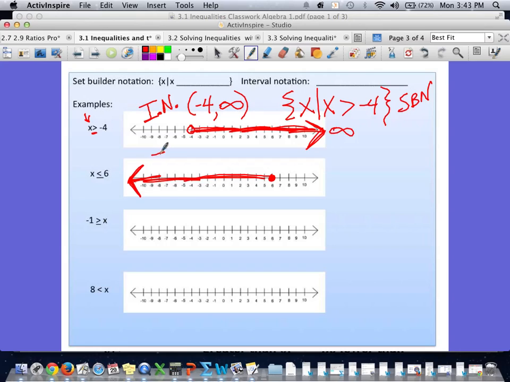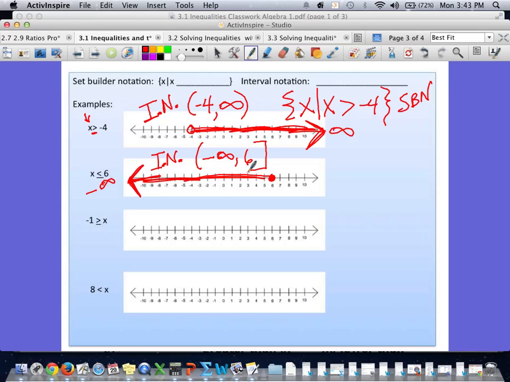If we're doing our interval notation, okay, this is going towards negative infinity. Now, because we read these left to right, we have to put the negative infinity first. Okay, we read it left to right, and that goes all the way up to 6. And because it includes it, it will be a bracket.